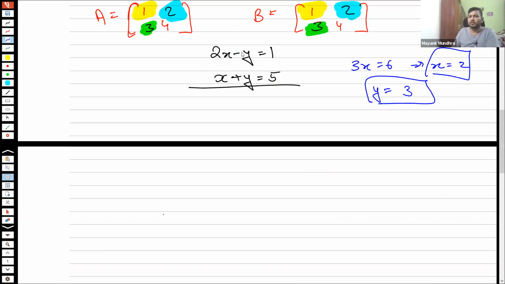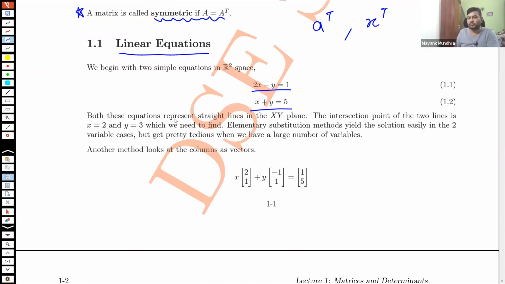So first of all, this is a system of equations. This is my equation number 1. This is equation number 2. Now, what does this mean? There are two angles here. One is coordinate geometry. In terms of coordinate geometry, both these equations represent lines.